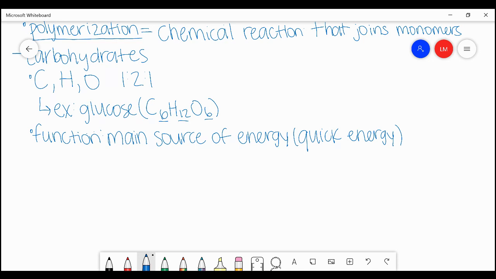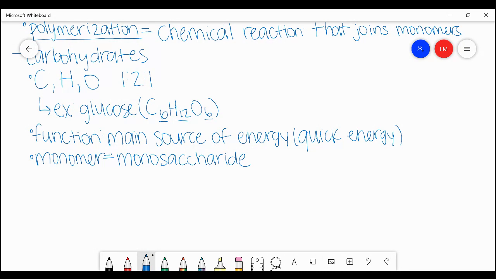The monomer, or smallest unit of a carbohydrate, is called a monosaccharide. Literally translates to one sugar.